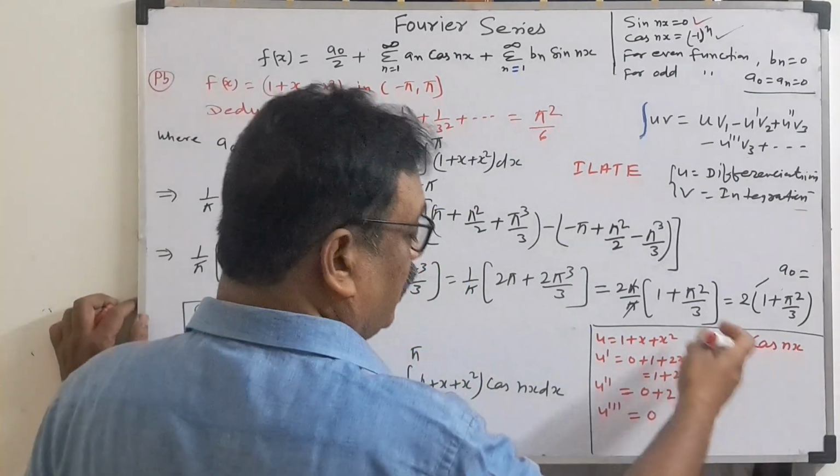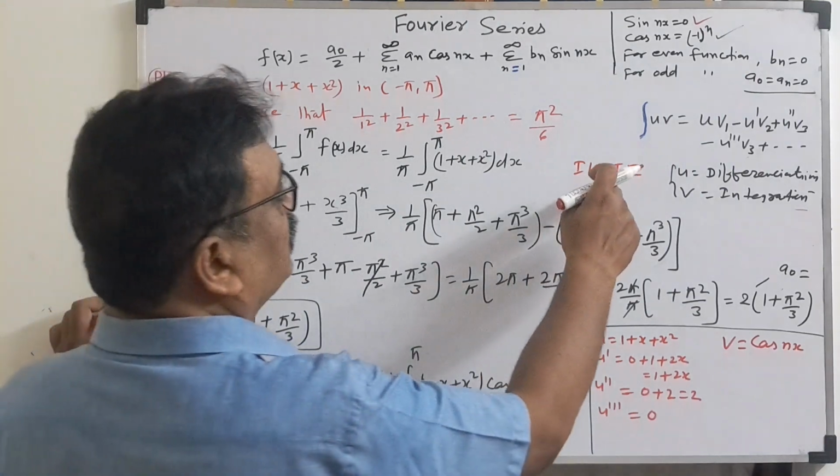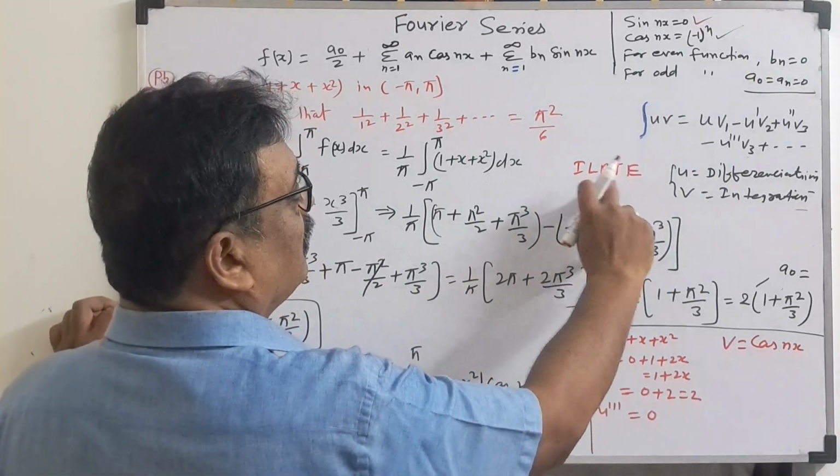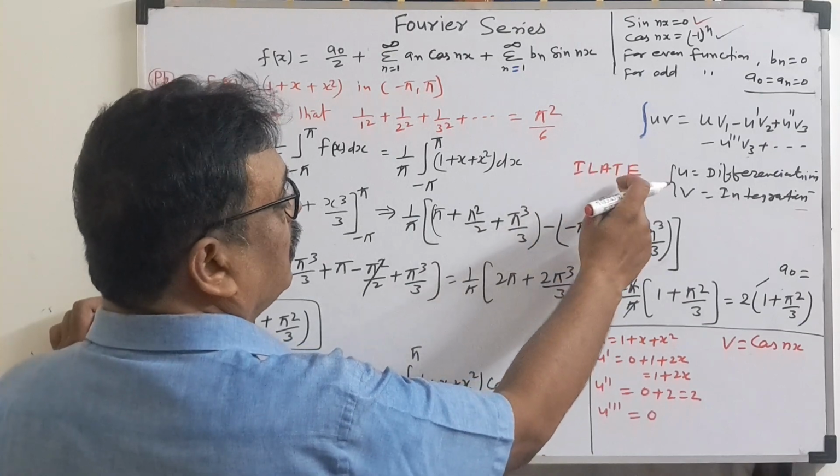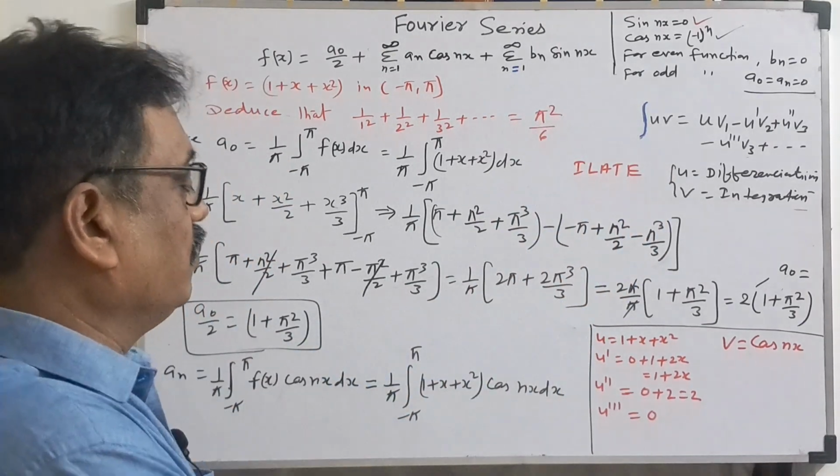If we take the other function as u, it will never become 0. So the ILATE order is inverse, logarithmic, algebraic, trigonometric, exponential. That is the concept.